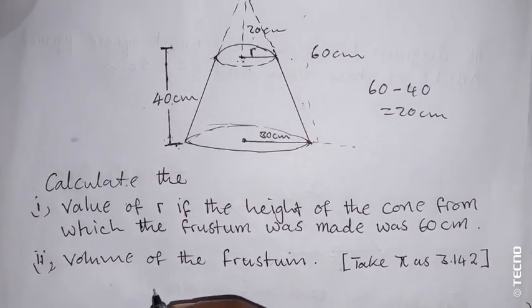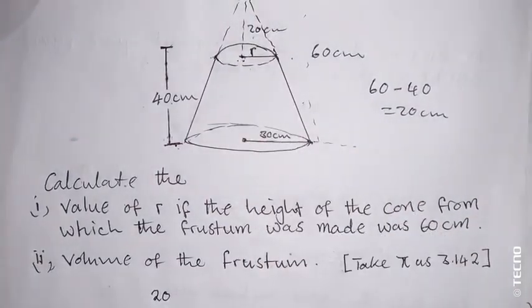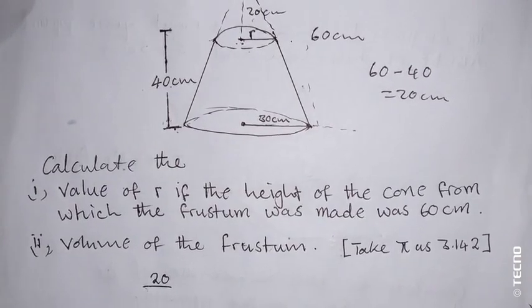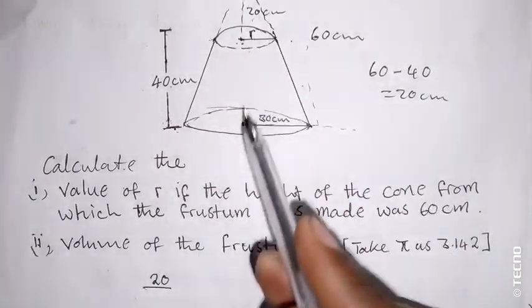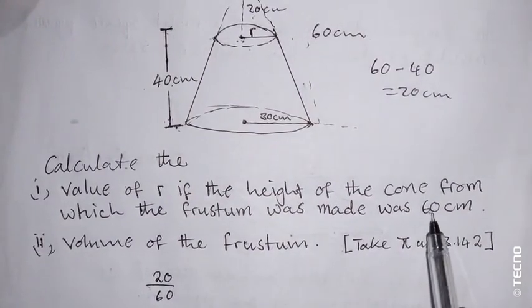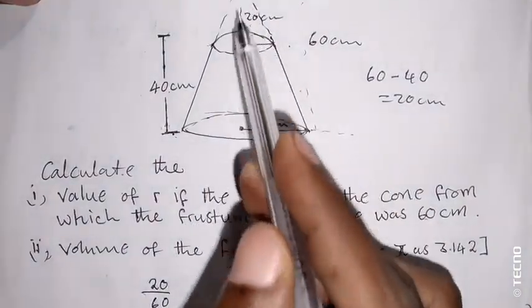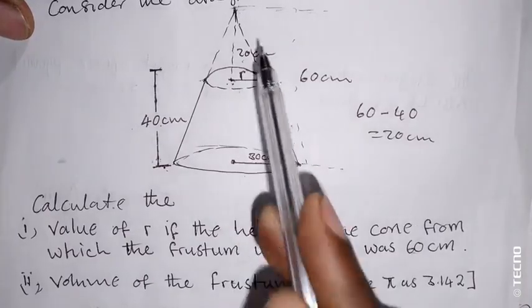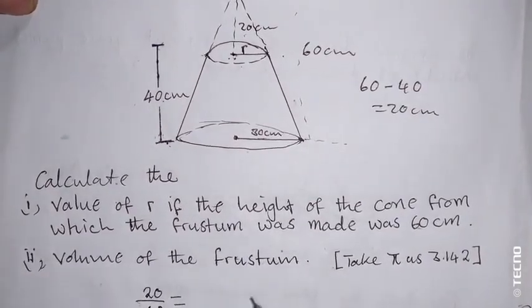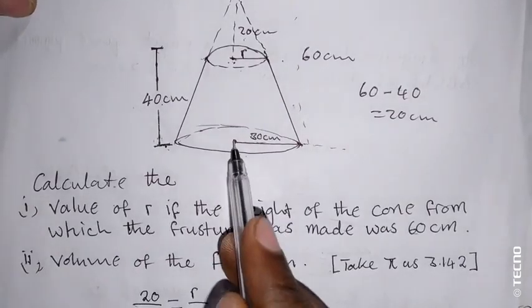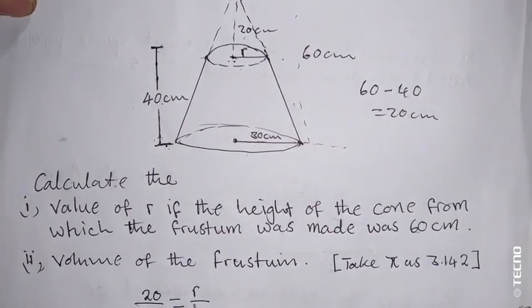We are saying that 20, which is the height of the top cone, is equal to the ratio, the height of the whole cone, which is 60, given in this question. 20 over 60 is equal to the length here, R, which we have not been given, over the base length. The base length here is 30.